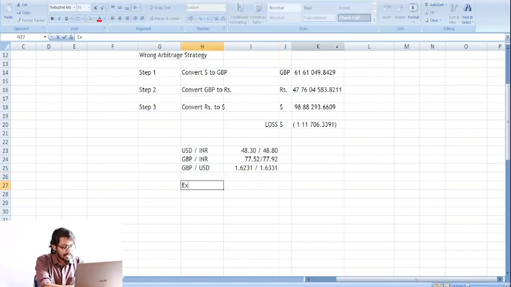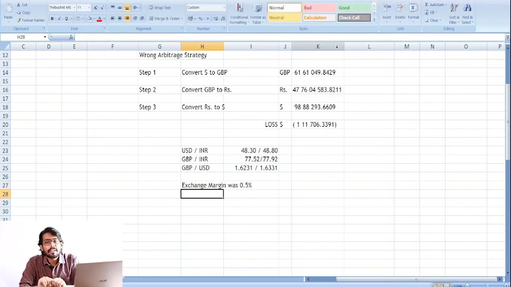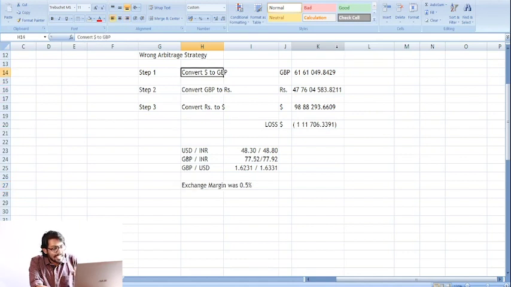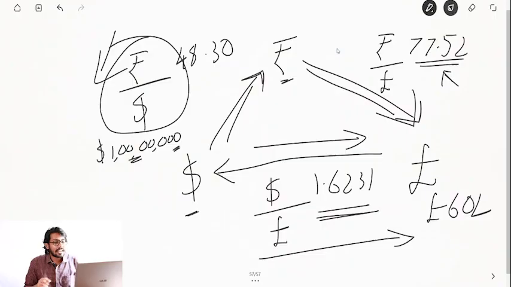Also, an exchange margin of 0.5% was there. The trick is in each conversion, sometimes you'll have to add the exchange margin, sometimes you'll have to subtract it. You have to check it out.